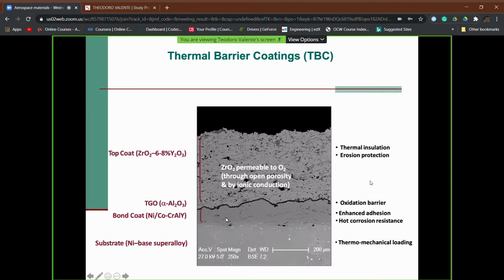And this is the additional reason why we use the bond coat with this composition. Why with this composition? Because if we have a nickel-based superalloy, we will use a bond coat having a NiCrAlY composition.